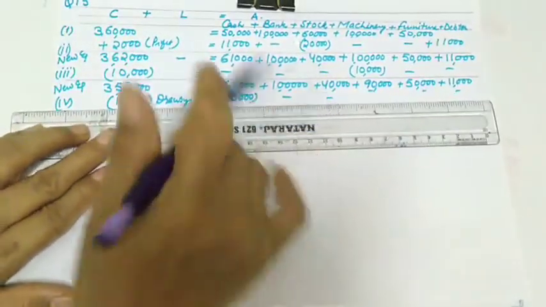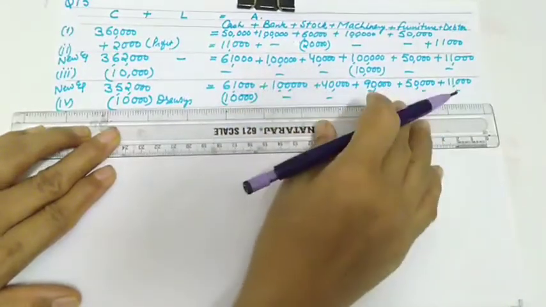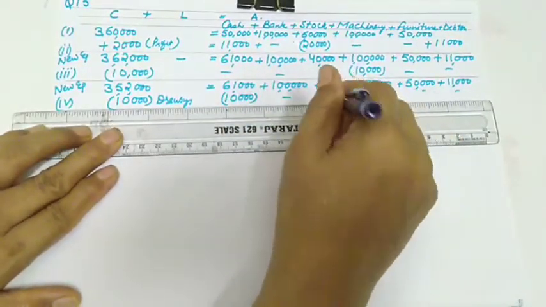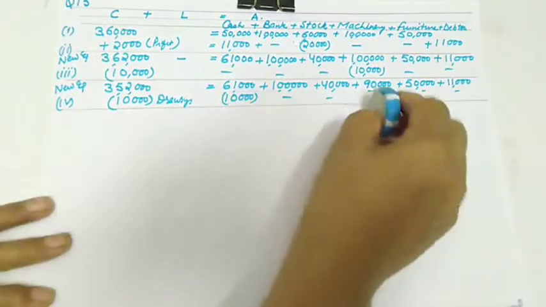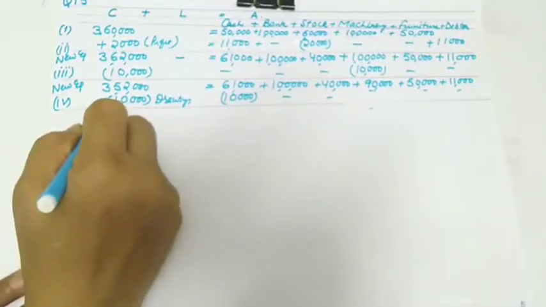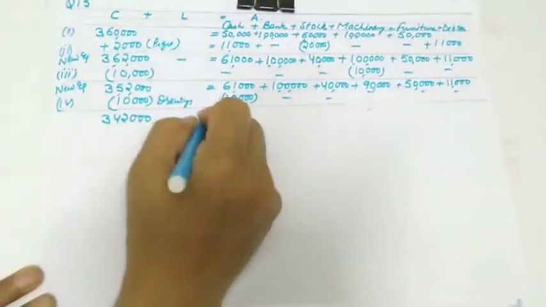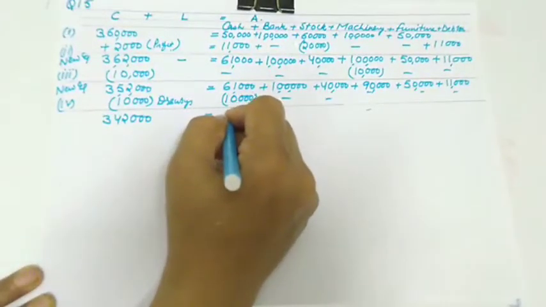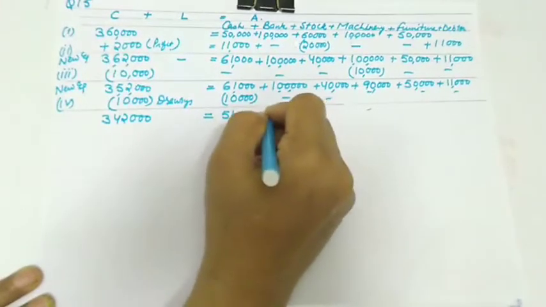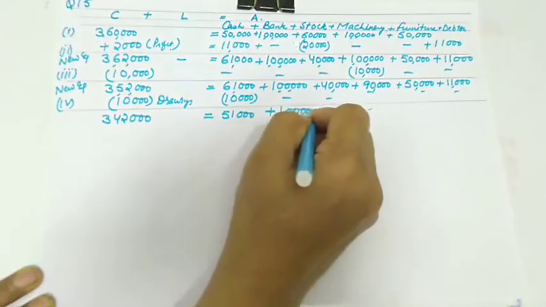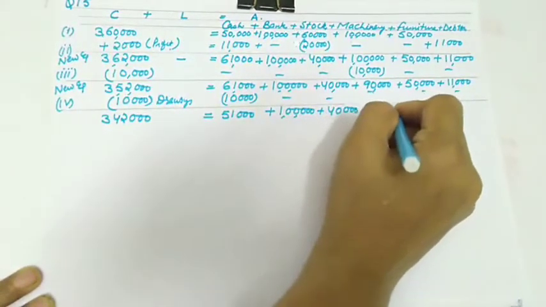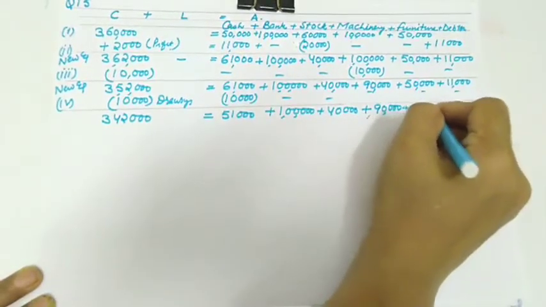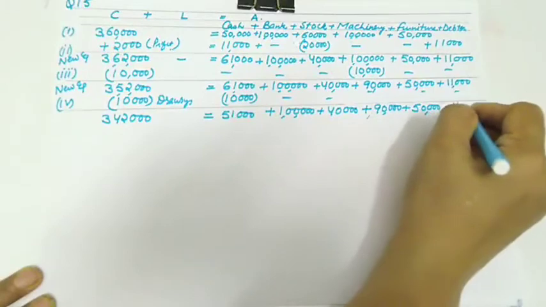So the new equation after this will be 3,42,000 capital, and this will be 51,000 plus 1 lakh plus 40,000 plus 90,000 machinery as it is, 50,000 furniture as it is, plus 11,000.